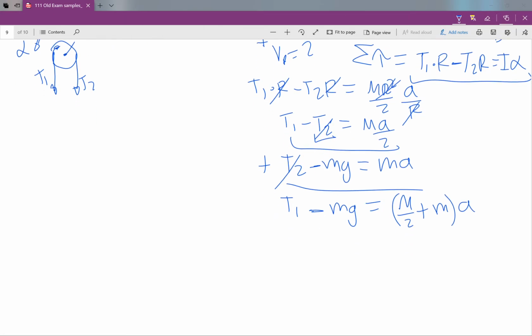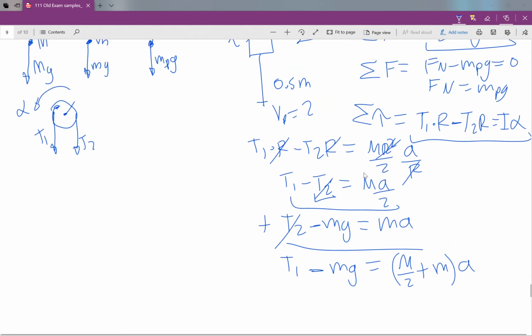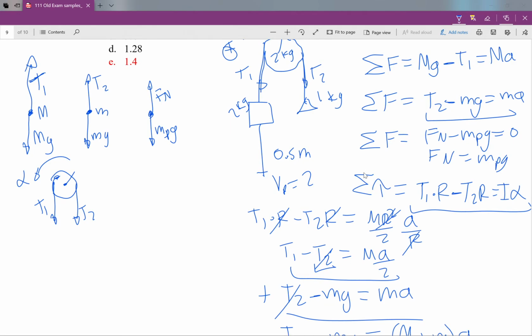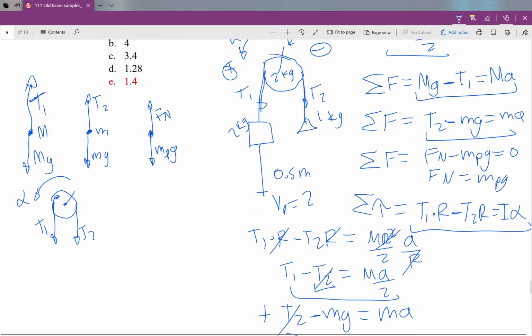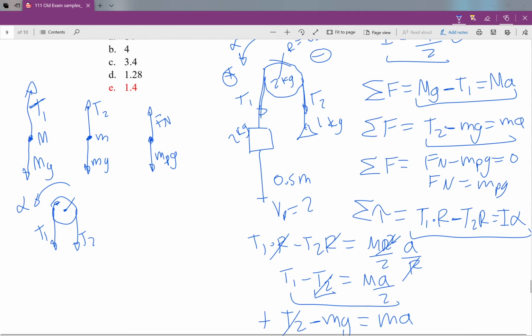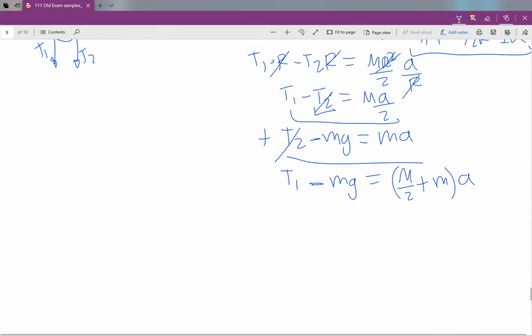And so we would have found the acceleration, but of course, we don't know what T1 is, right? So we have to solve for T1 in some way. We know from this first equation that T1 equals big Mg minus big Ma, right?